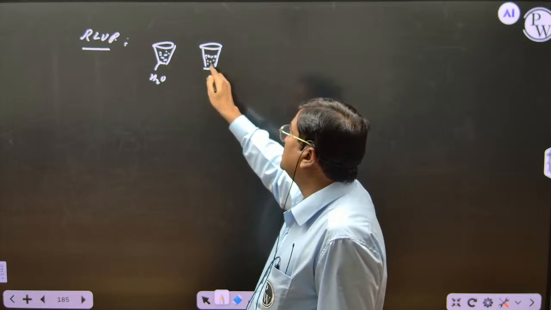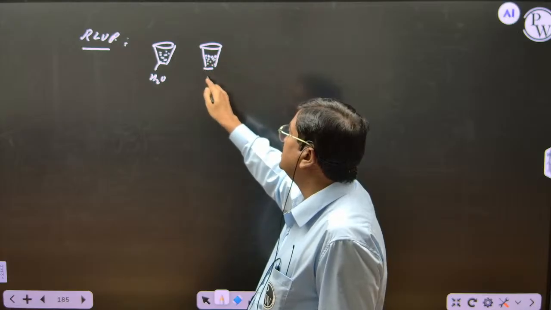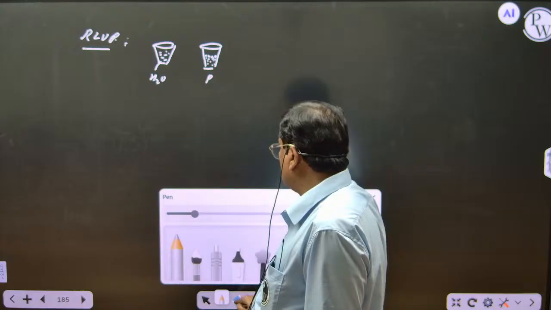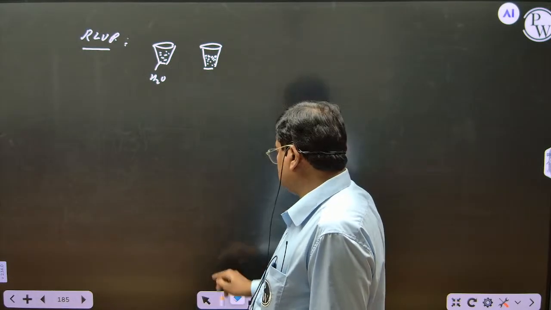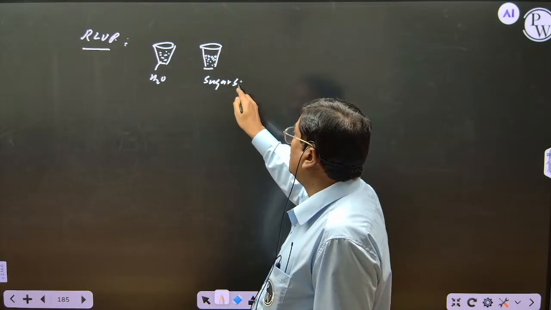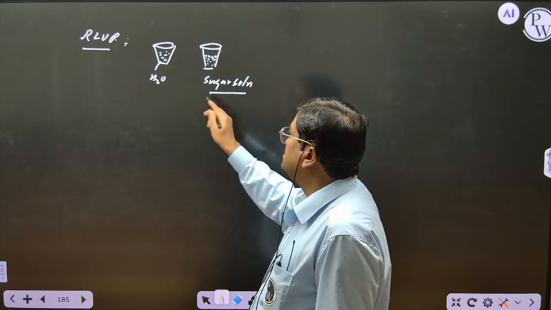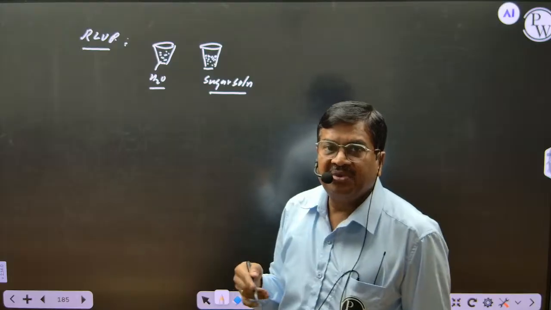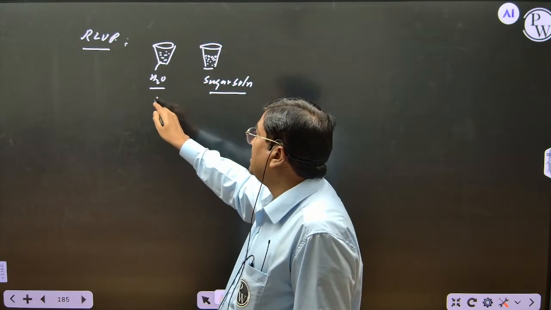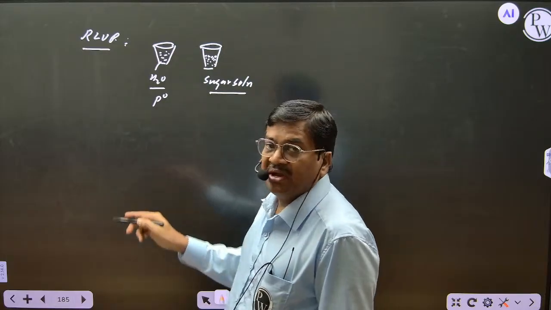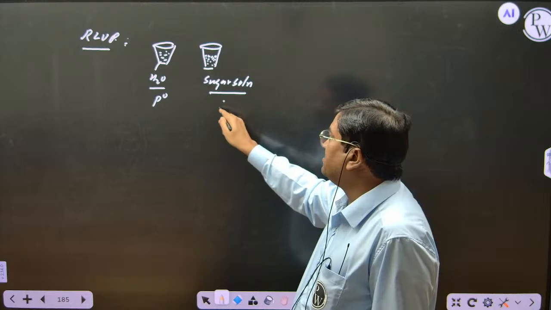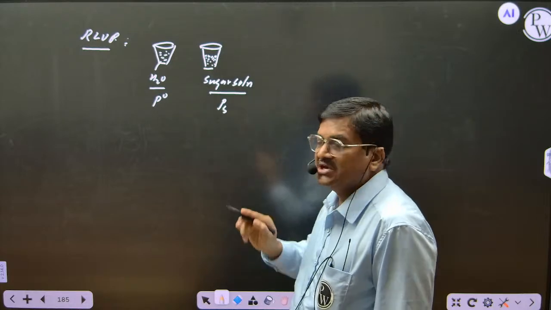That makes what? A solution, or sugar solution. Now see, this water will have a vapor pressure, no? That is P naught, the vapor pressure of the pure solvent. And the solution is also exerting a vapor pressure, that is the vapor pressure of the solution.